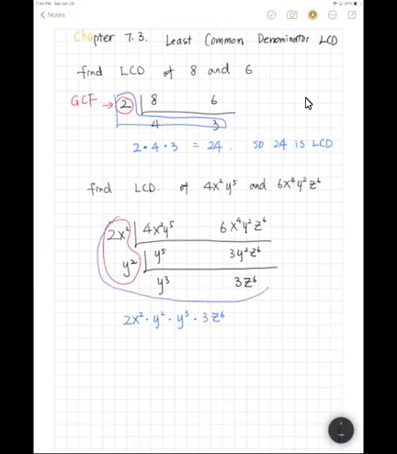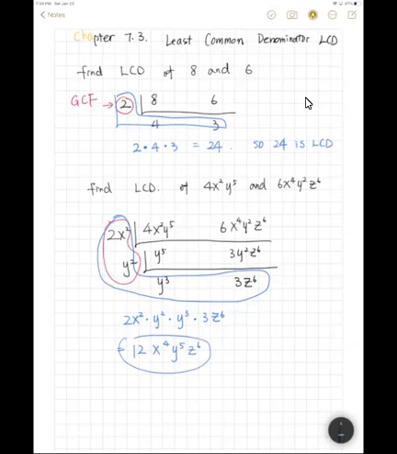We need to multiply these 4 terms together. So you will end up with 12x to the 4th, y to the 5th, and z to the 6th. So this one is your least common denominator.